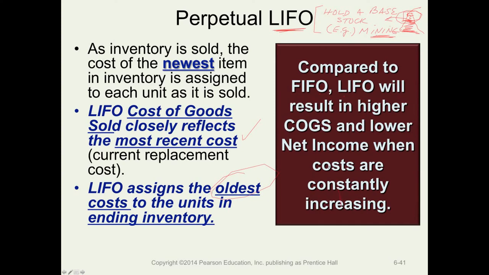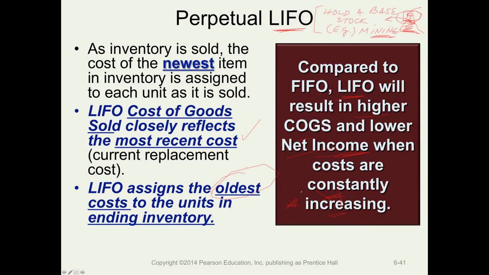So if you're in a period of inflation, when costs are increasing, then we would expect that LIFO would give you a higher cost of goods sold and a lower net income, because they're taking their cost from the most recent, and here we're talking about inflation, the most recent inflated cost.